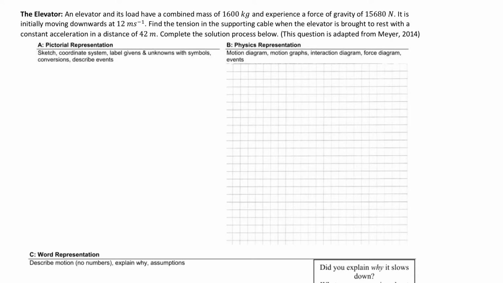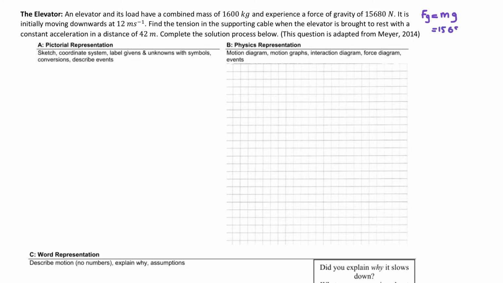evaluation. In our first question, we get an elevator, and this elevator and its load have a combined mass of 1,600 kilograms and experience a force of gravity of 15,680. So basically, we got this number by multiplying mass times the gravitational acceleration.